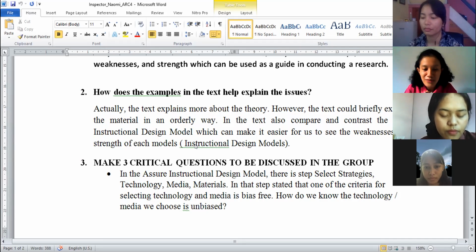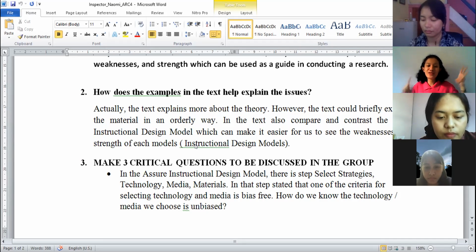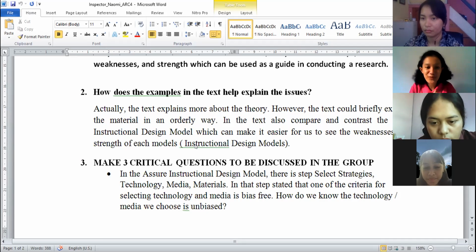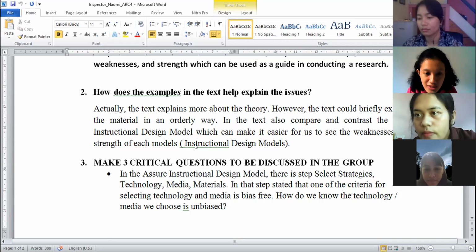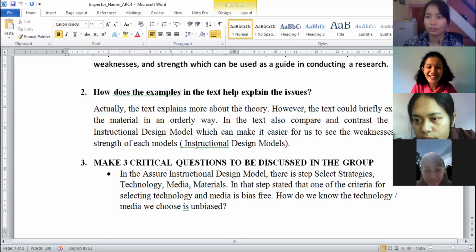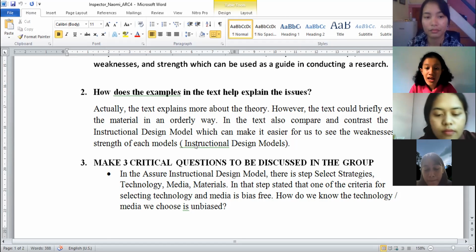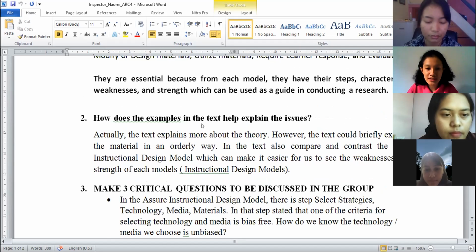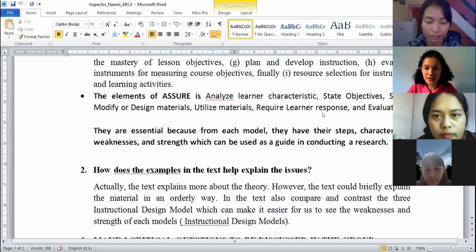Okay, guys, we move to the three critical questions to be discussed in the group. The first question: in the ASSURE instructional design model, there is the step select strategies, technology, media, and materials.